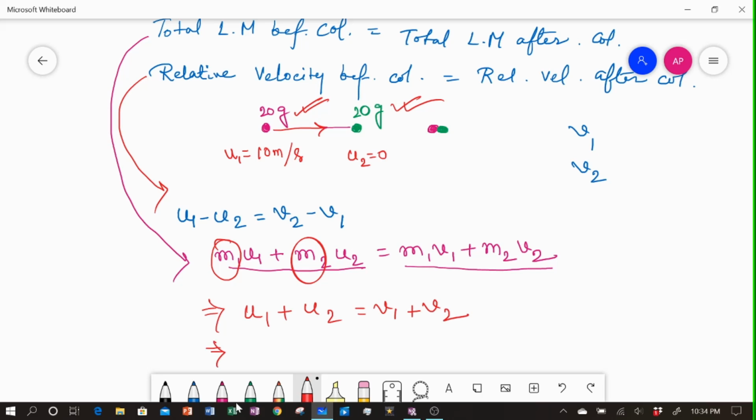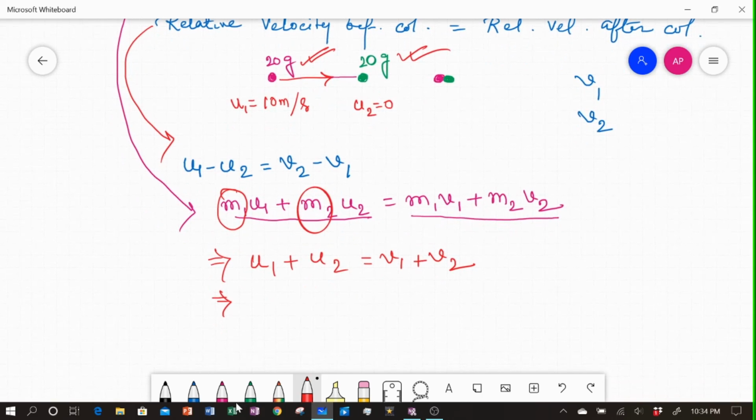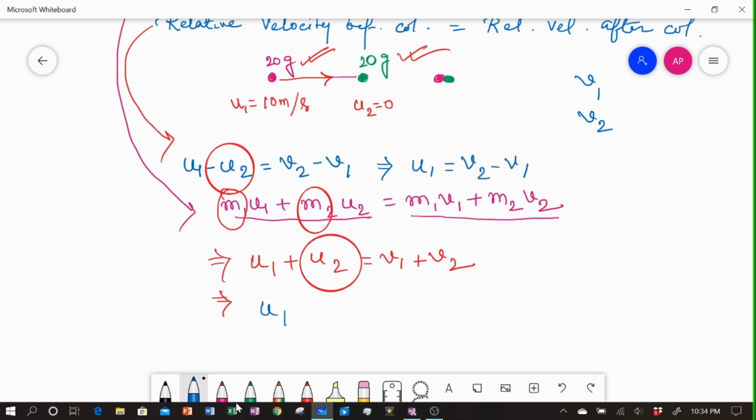and since u2 is 0, we have in this equation u1 equal v2 minus v1 and u1 equal v1 plus v2.